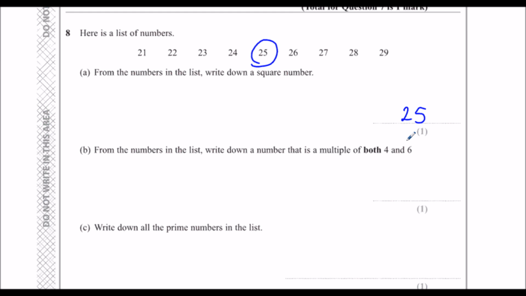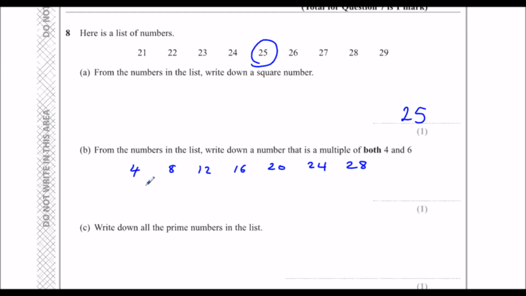From the numbers on the list, write down the number that is a multiple of both 4 and 6. So a number in the 4 times table and in the 6 times table. So the 4 times table is 4, 8, 12, 16, 20, 24, 28.